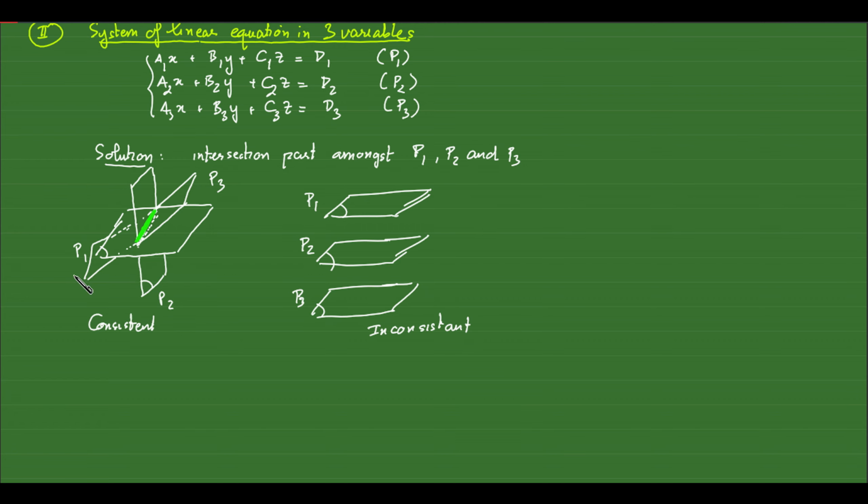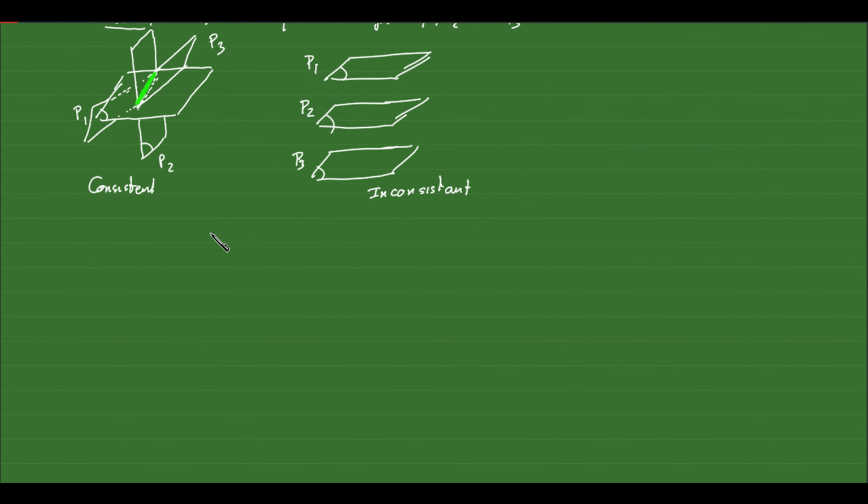Okay, so there's another case where we have three planes overlapping each other. P1, P2, P3 are overlapping each other. This one is in green, white, and the other one is in purple.